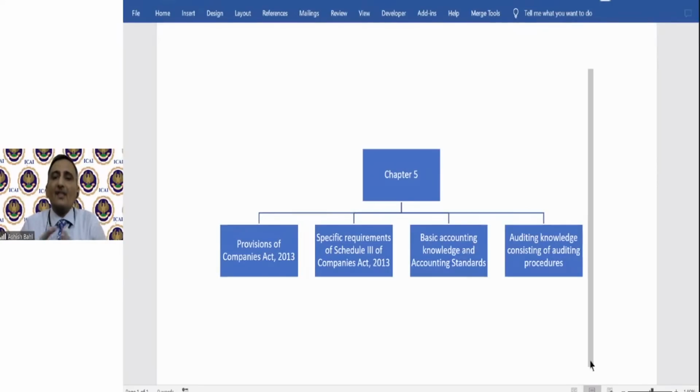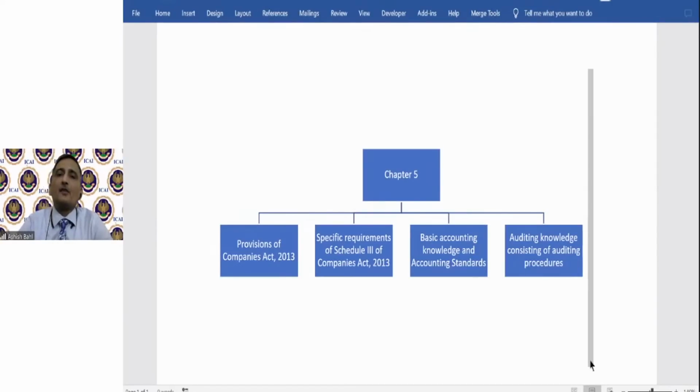So students, इस चैप्टर में 4 चीजों की आपको जरूरत है. कंपनी लॉ की नॉलेज, कंपनीज एक्ट के डिफरेंट प्रोविजंस की नॉलेज जो कंपनीज के कॉन्टेक्स्ट में है, शेड्यूल 3 की रिक्वायरमेंट्स की नॉलेज, और बेसिक अकाउंटिंग नॉलेज, अकाउंटिंग स्टैंडर्ड्स की नॉलेज जो आप अपनी अकाउंटेंसी क्लासेस में पढ़ रहे हैं, और ऑडिटिंग नॉलेज, ऑडिट प्रोसीजर्स की नॉलेज. ये चैप्टर इन्हीं चारों चीजों को मिला के डेवलप्ड है.